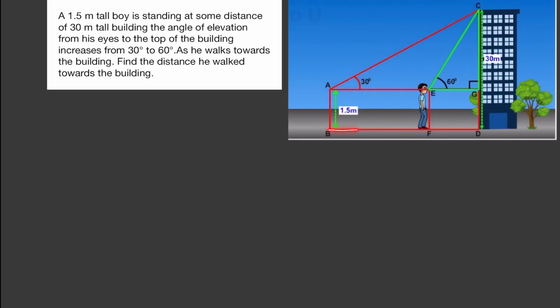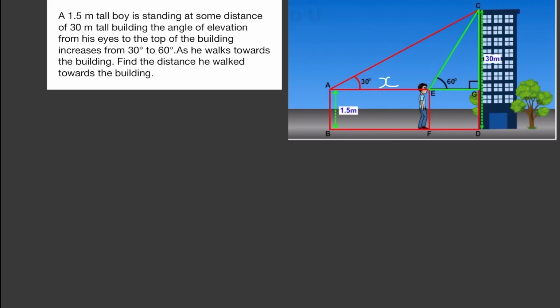Then he walks some distance. Let us say he stands at point F. Then the angle of elevation to the top of the building from the eyes of the boy increases to 60 degree. We are supposed to find the distance he walked towards the building.